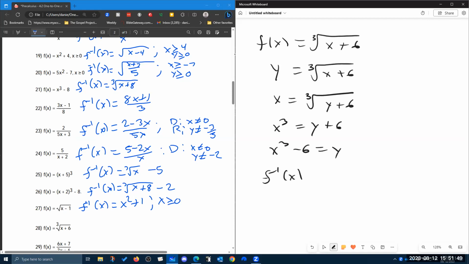Inverse function is x cubed minus 6. There's no need for restrictions there because my domain was all real numbers here and my range was all real numbers here. So the inverse function was x cubed minus 6.